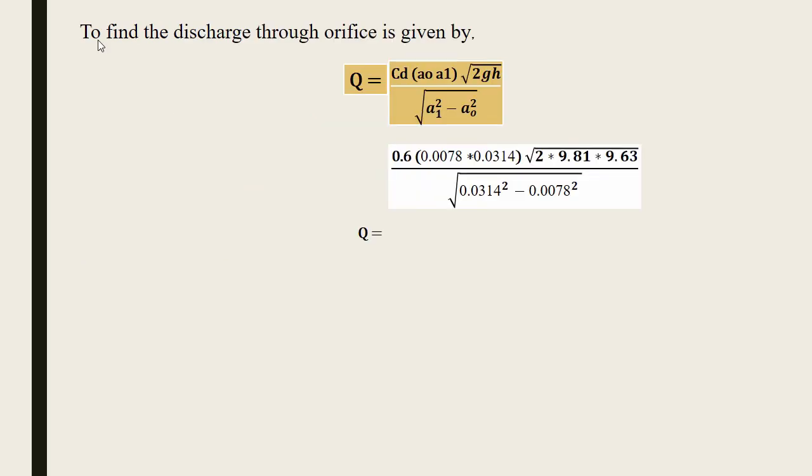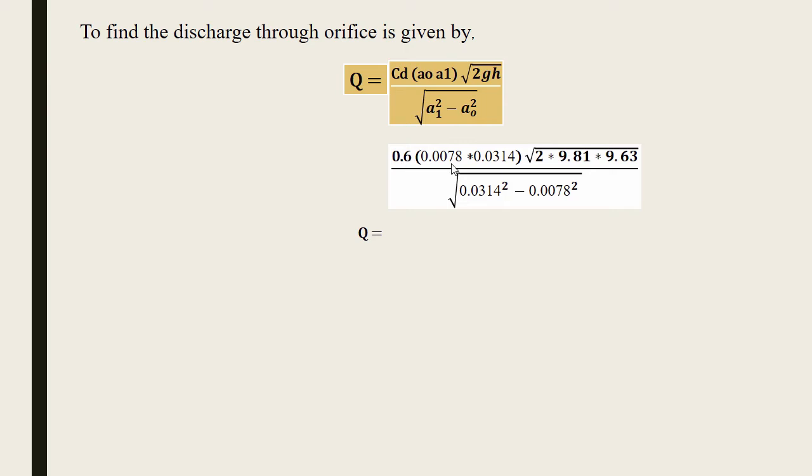Now the motto of the problem is to determine the discharge through the pipe. So I know discharge through the pipe using the orifice is given by Q is equal to CD A naught A1 into root of 2GH divided by root of A1 square minus A naught square. I know the value of CD, that is 0.6.